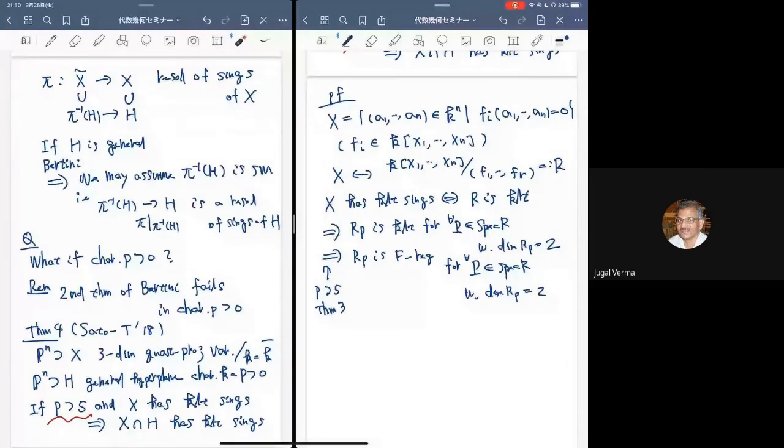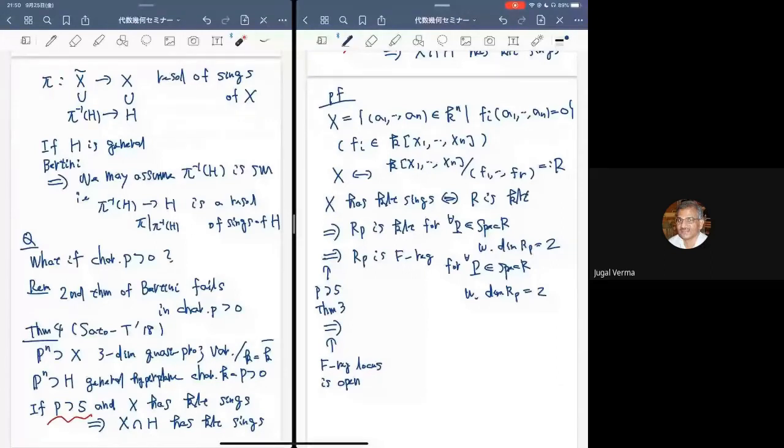Here we use the fact that the F-regular locus is open.